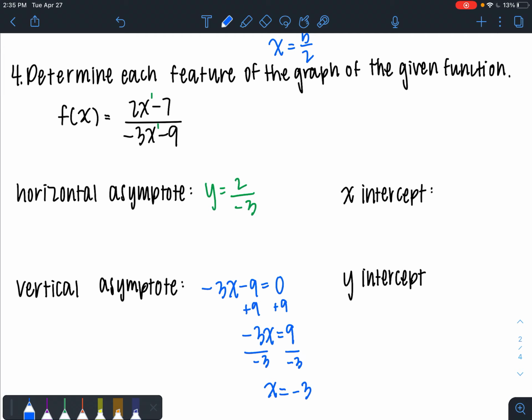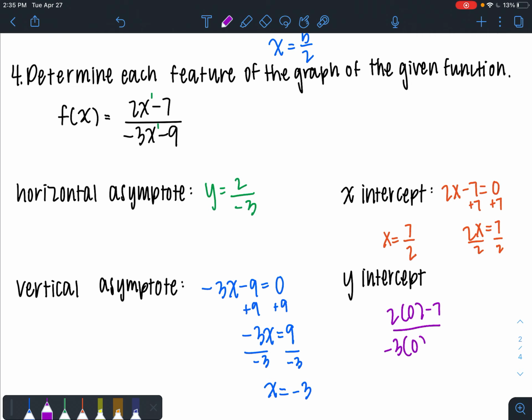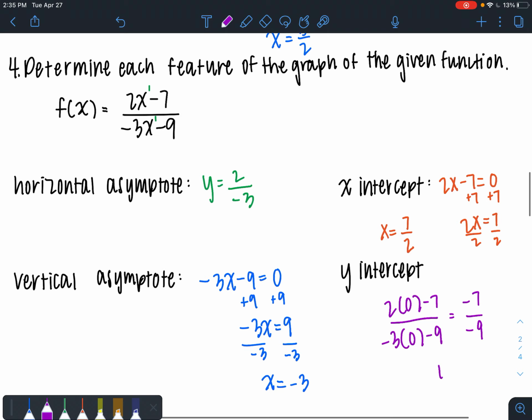For the x-intercept, I set the numerator equal to 0. x equals 7 over 2. Then the y-intercept, I plug in 0 for all x's. So I get negative 7 over negative 9. So y equals positive 7 over 9 because those negatives cancel out.